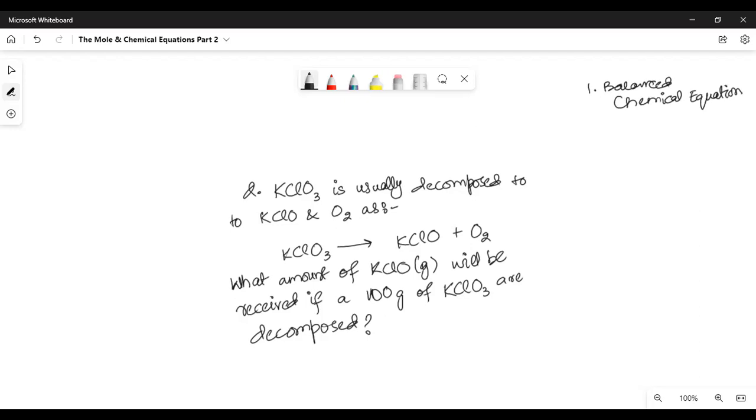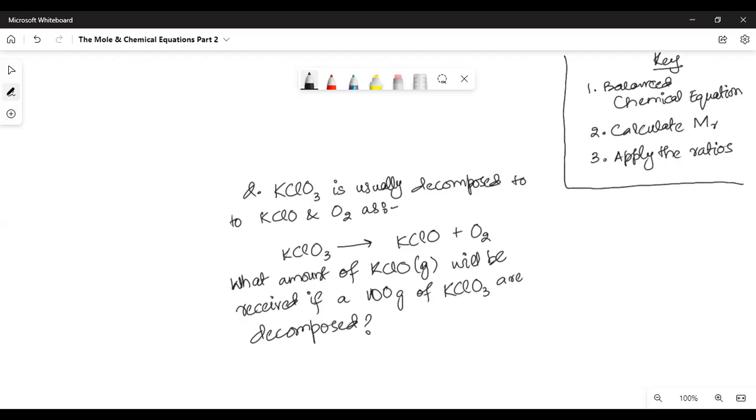Number two, calculate MRs. Number three, apply the ratios. So that's what you are going to do every time. That's a great key to solve these questions. Go ahead, solve this one out. I can wait.